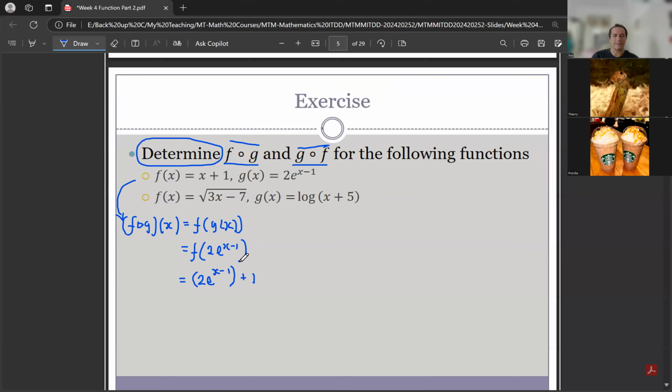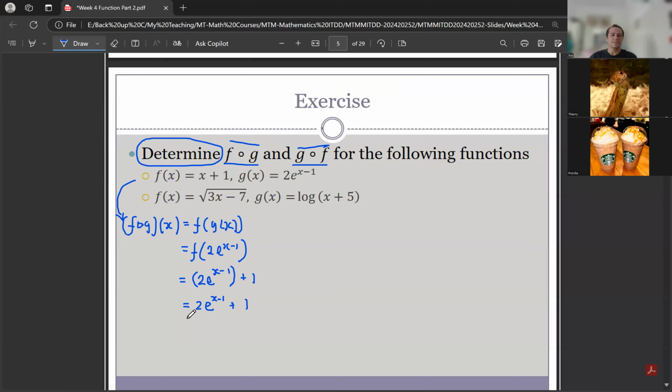Every x is replaced by this g(x). And of course, we can pull out the 2 from the parentheses: 2(x minus 1)^e plus 1.